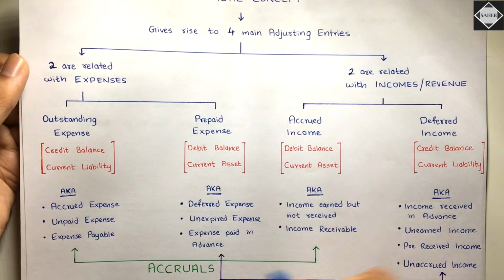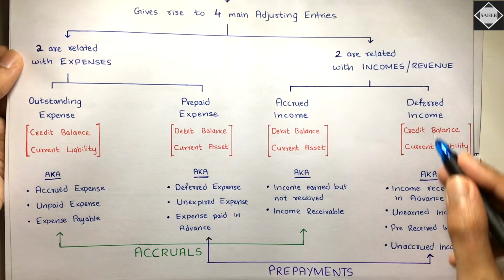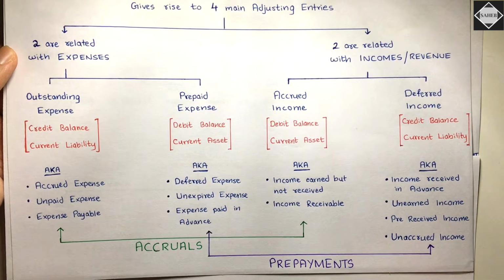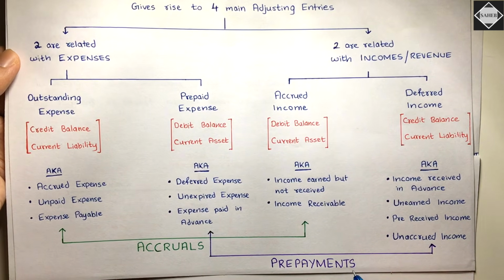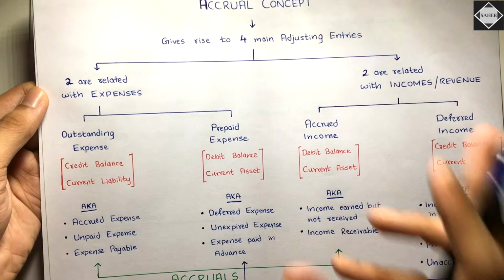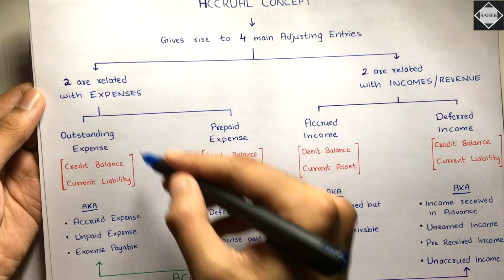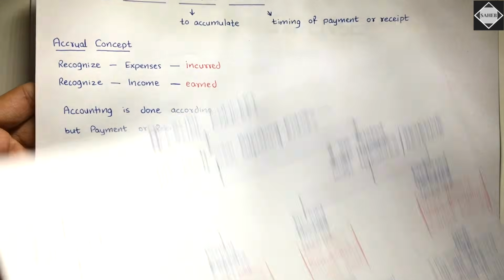Outstanding expense and accrued income are popularly called accruals, and prepaid expense and deferred income are called prepayments or deferrals. I told you we'll have one video on each of these adjusting entries, so this video is on outstanding expense.